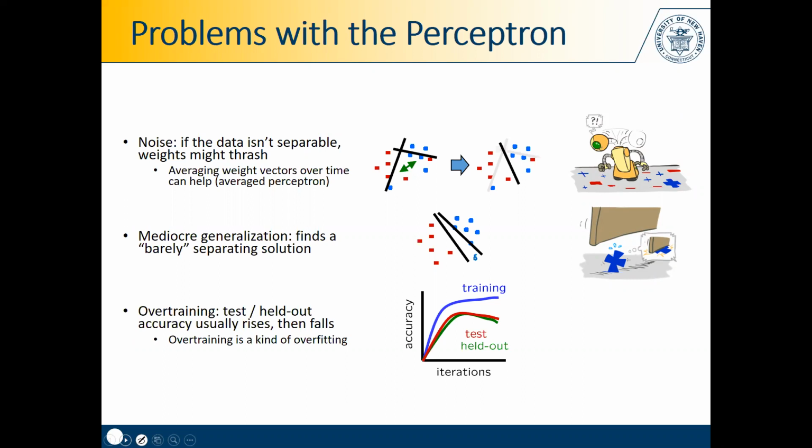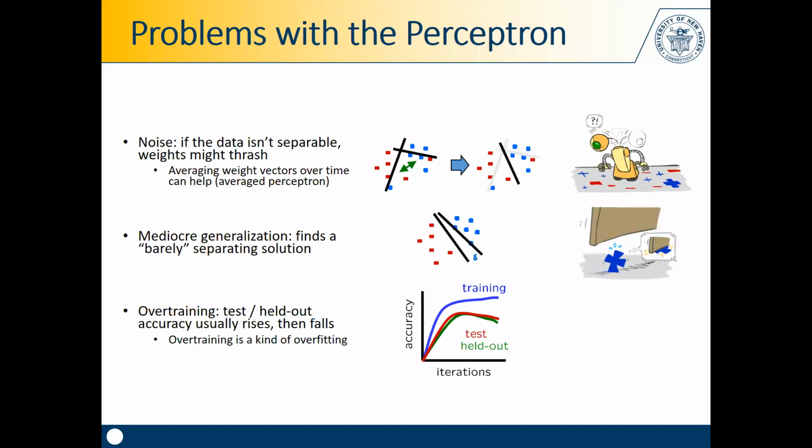And a related problem is overtraining. We've already talked about overfitting. So with perceptrons, and this may actually apply to many other and more advanced machine learning models, we typically have a test and held out or validation set.